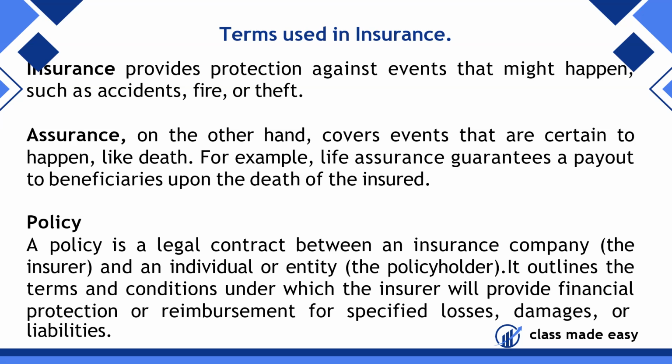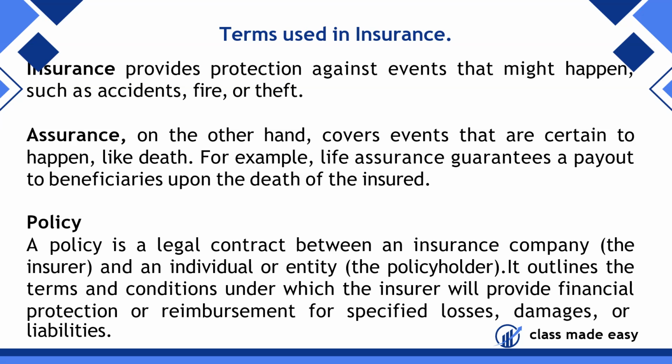Now, the final statement under the policy document is to tell us what a policy document contains, or what are the contents. So we are noting the first one is what we call the terms and conditions under which the insurer will provide financial protection or reimbursement for specific losses, damages, or liabilities.